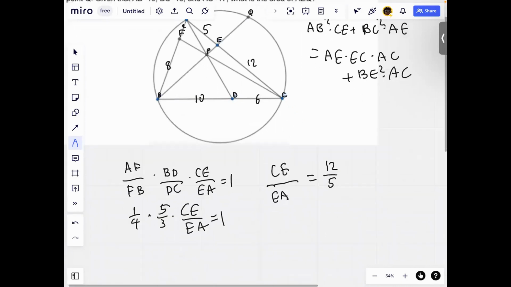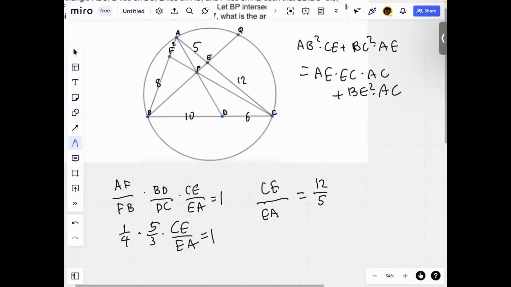So we know that AB is 10, CE is 12, BC is 16, AE is 5, and then 5 times 12 times 17, plus we don't know BE squared yet, and AC is 17.